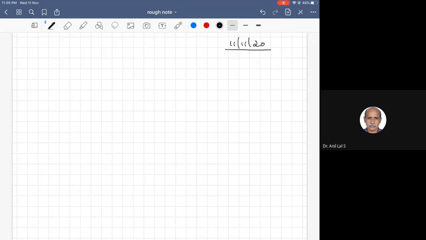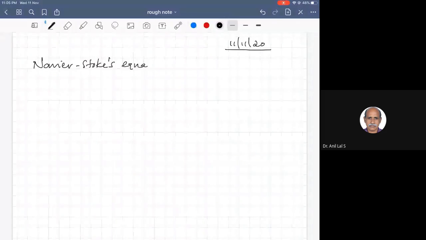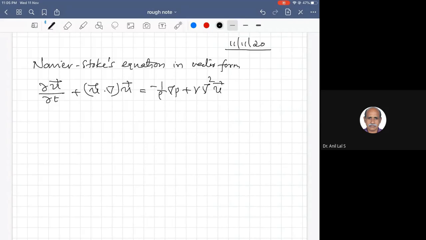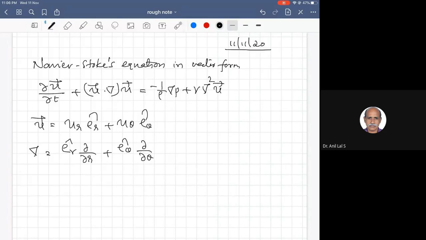So, we start with the Navier-Stokes equation in vector form, like this: dou u by dou t plus u dot del u, and taking u is equal to ur er plus u theta e theta, and del is equal to er dou by dou r plus e theta (1/r) dou by dou theta, and we do this expansion.